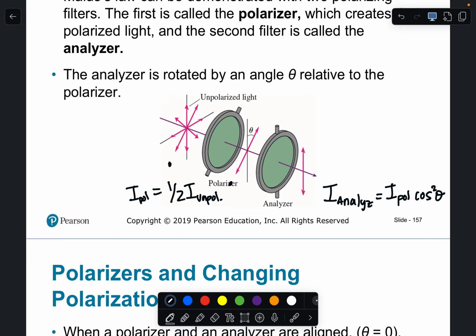That's Malus's law, okay? Malus's law applies to already polarized light getting repolarized. The unpolarized to polarized just goes down by 1/2, and that's just something you have to remember. Malus's law doesn't show you that. It's an argument about averages, so that's just something you need to remember.